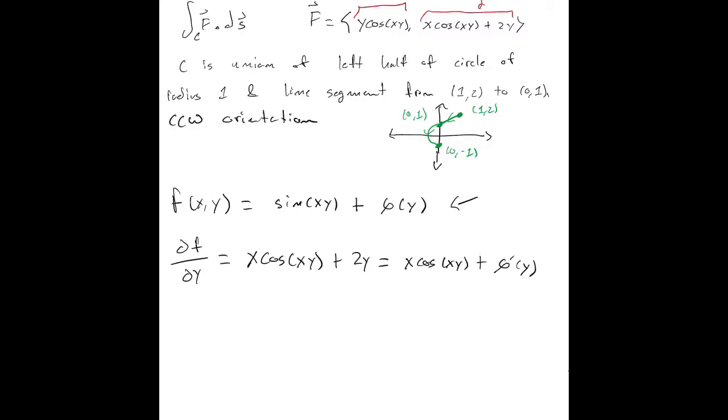In other words, this tells us that phi prime of y is equal to 2y, and so phi of y is equal to y squared plus some arbitrary constant.